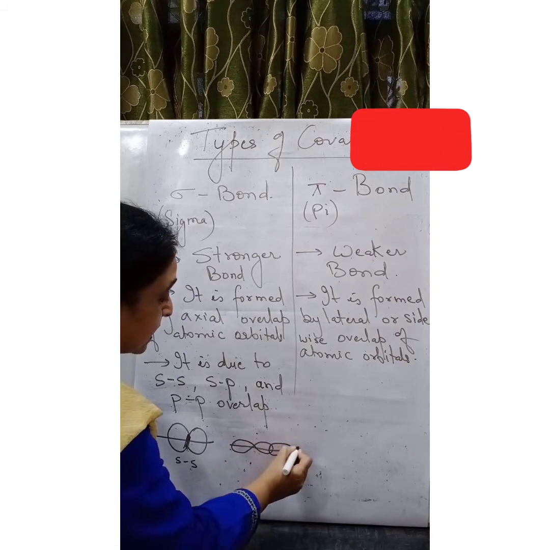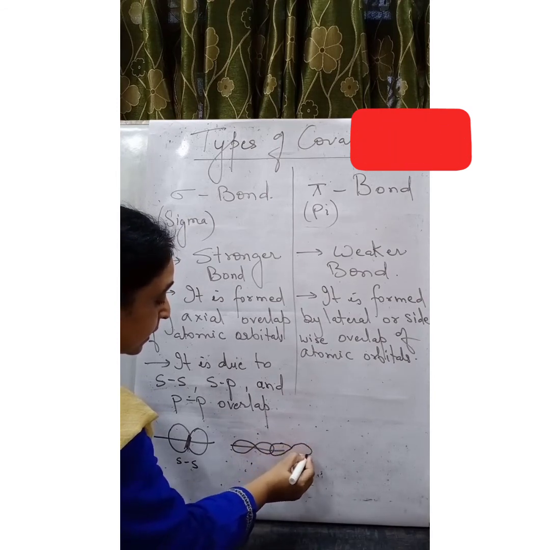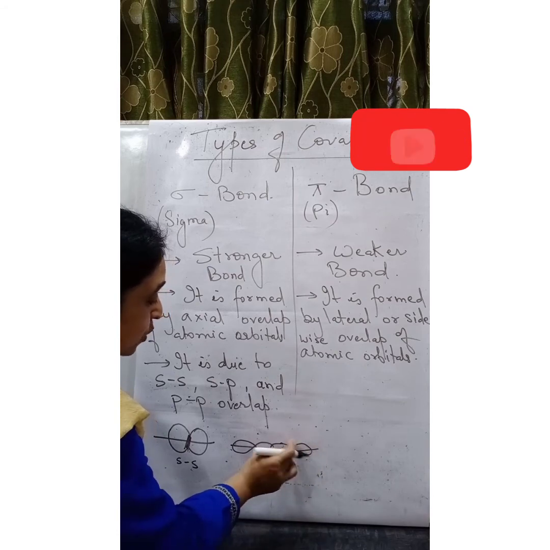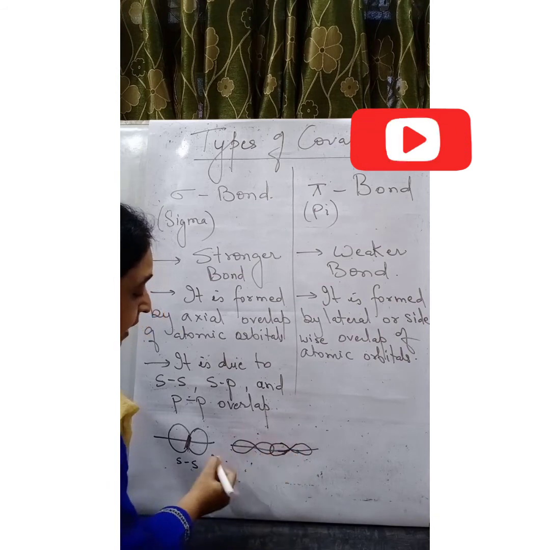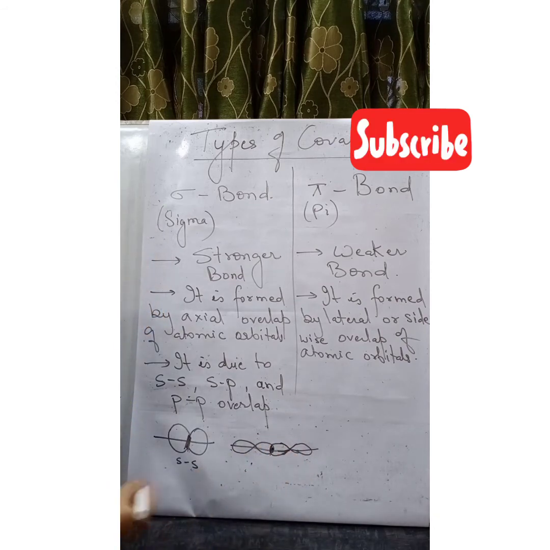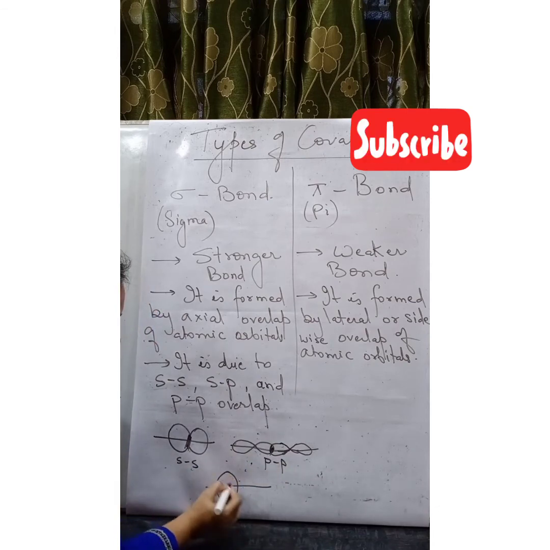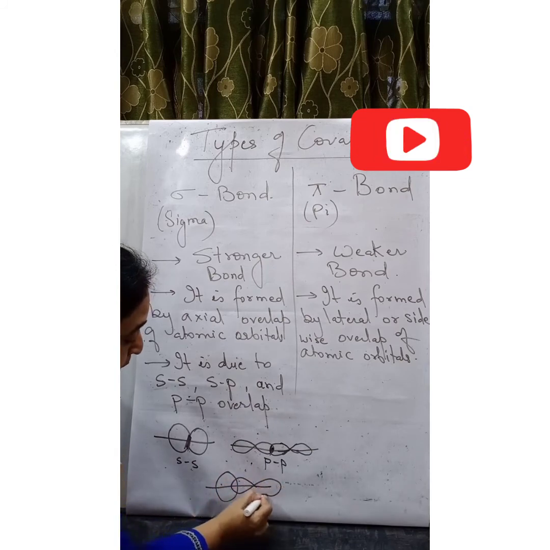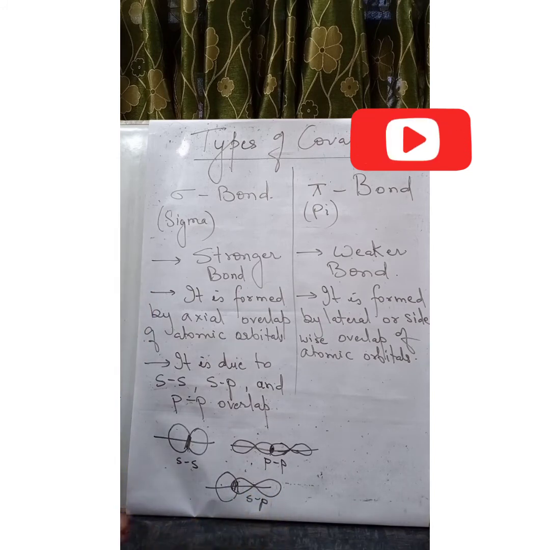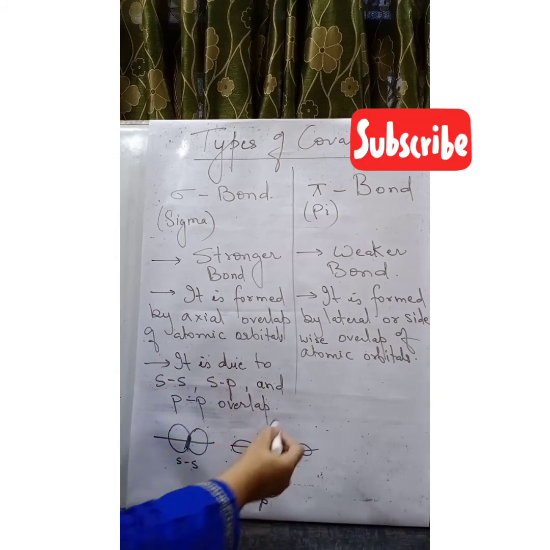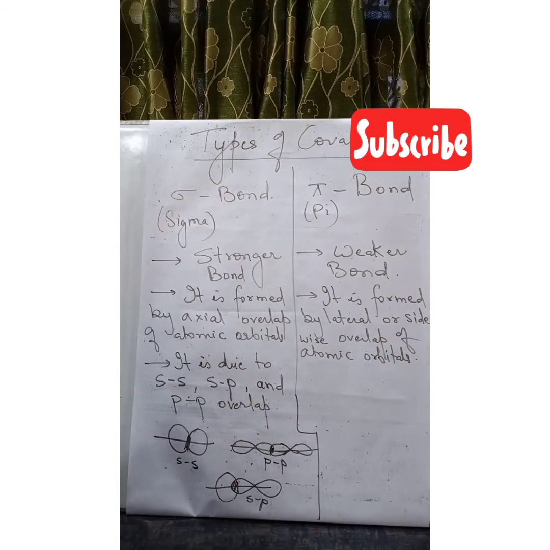Two p orbitals are overlapping each other along the internuclear axis. So this is pp overlap. And we can have an s orbital which is overlapped by a p orbital. This is sp overlap. So there are three ways by which, along the internuclear axis, a sigma bond is formed.